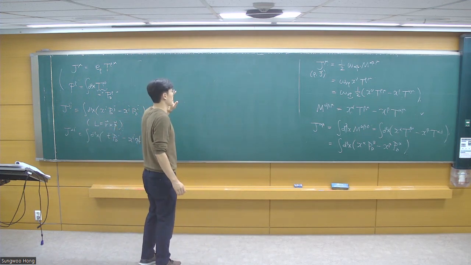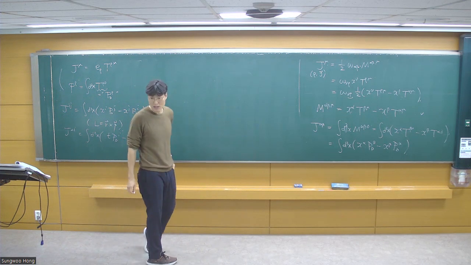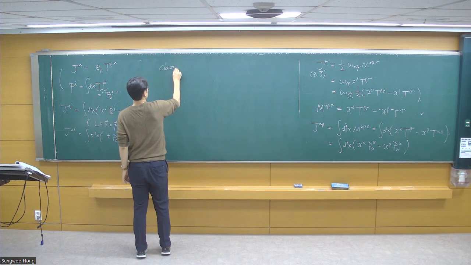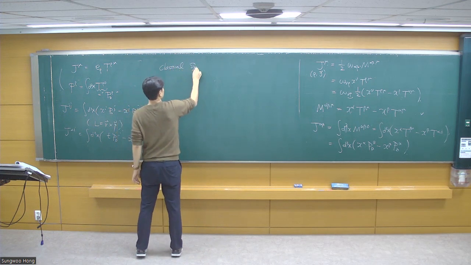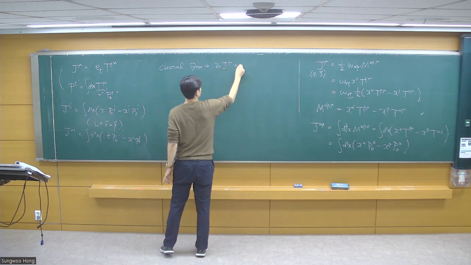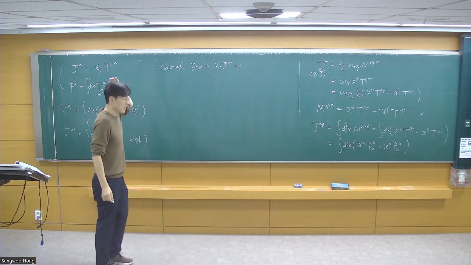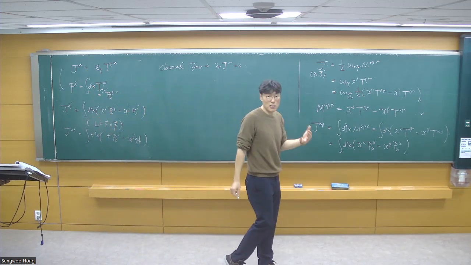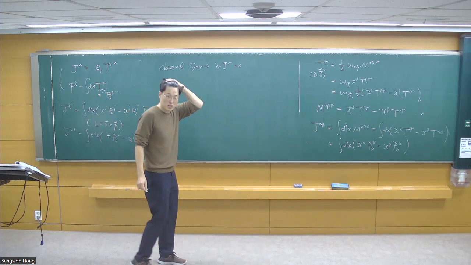So far we've been talking about classical aspects of symmetry, right? So classical symmetry applies to the conserved current, and we talked about a lot of them, especially space-time translation, and then Lorentz transformation, and we will also talk about internal symmetry soon.